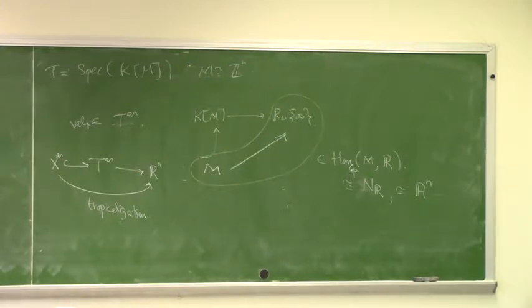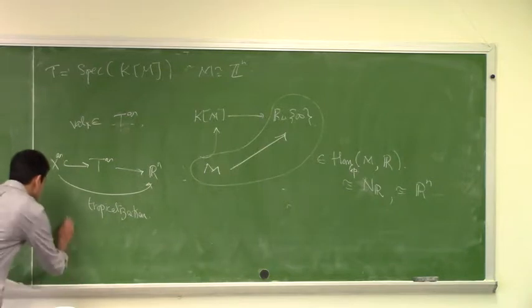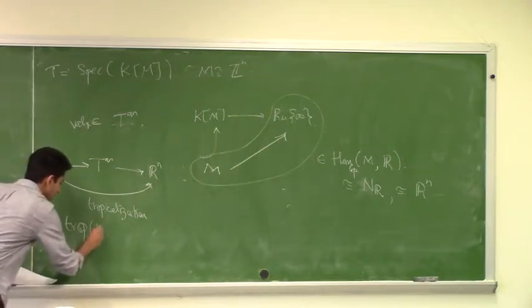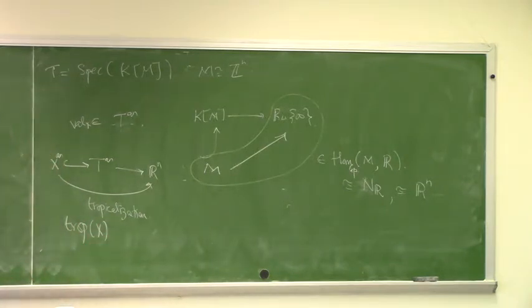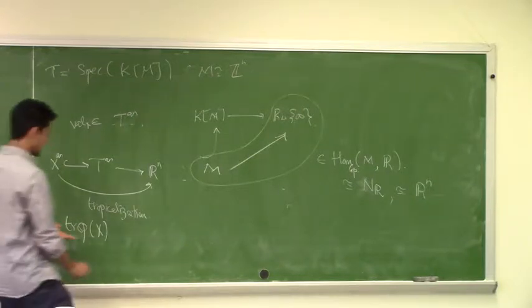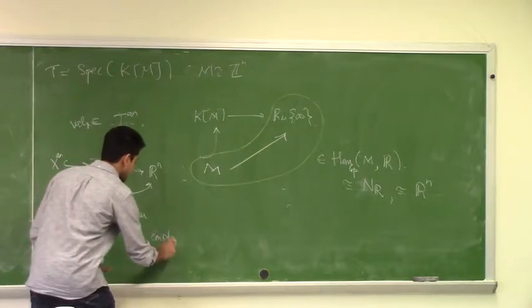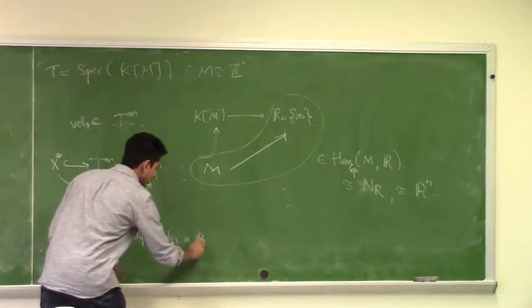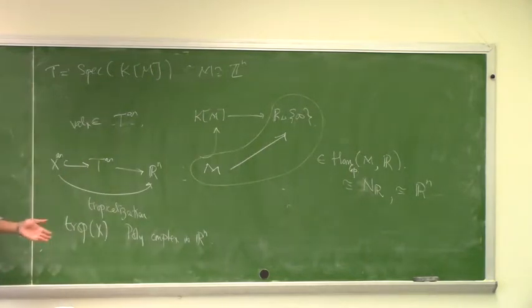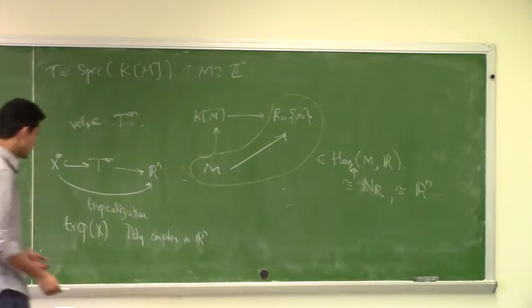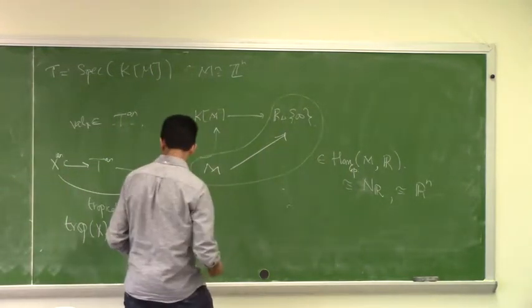Okay, so what are some basic properties of trop X? Well, it's a polyhedral complex. It's actually a rational polyhedral complex, rational with respect to the value group.